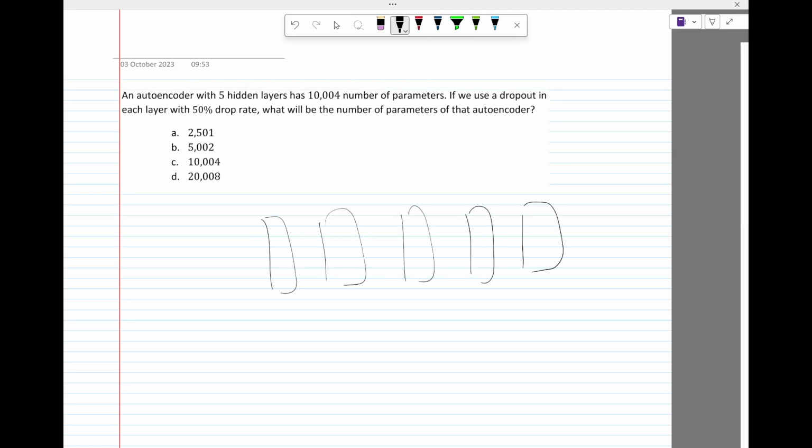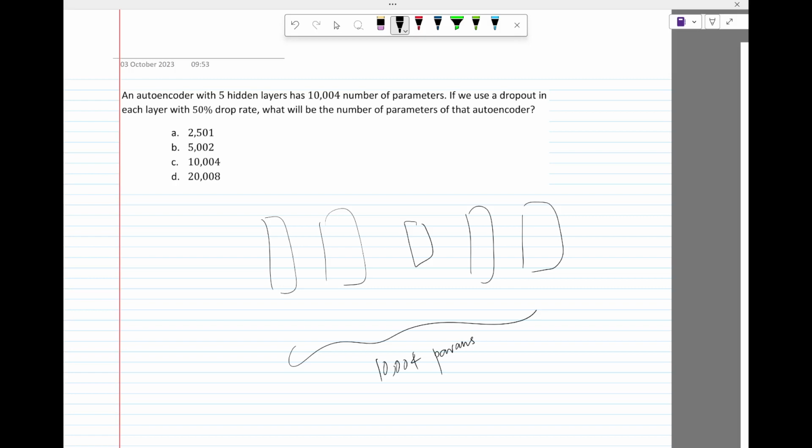something like this. I mean, the dimensions would change. Some middle layer will be some low dimensional thing, something like that. And in total there are 10,004 parameters. And in each layer you are using 50% drop rate.